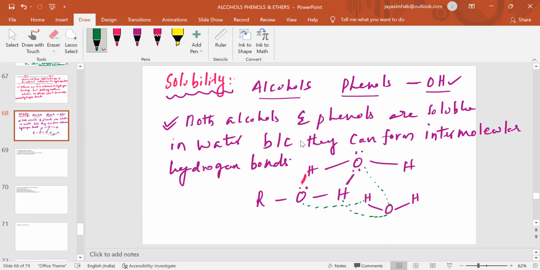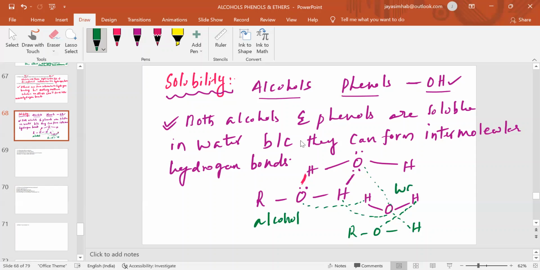Like that, if you draw another alcohol here, it will attract this hydrogen. This oxygen will attract this hydrogen. Intermolecular means two molecules. One molecule is alcohol, another molecule is water.